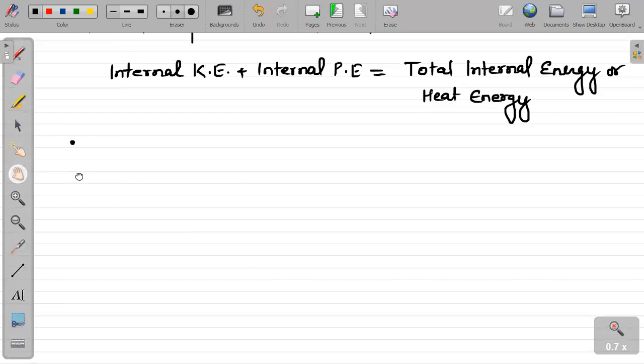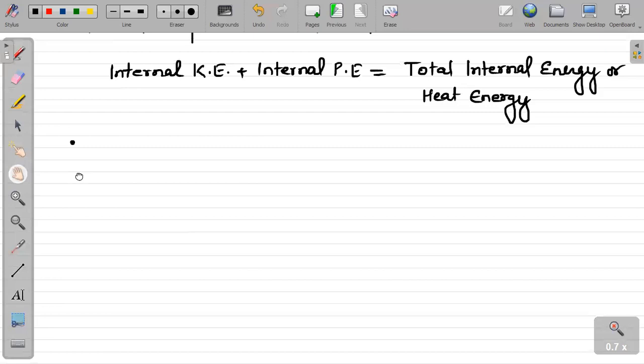Quantity of heat imparted to or rejected from the body. So the next thing is, change in temperature depends on what factors? Quantity of heat.